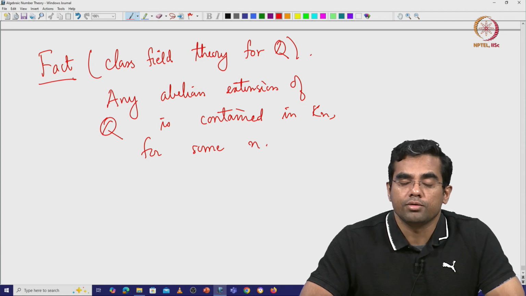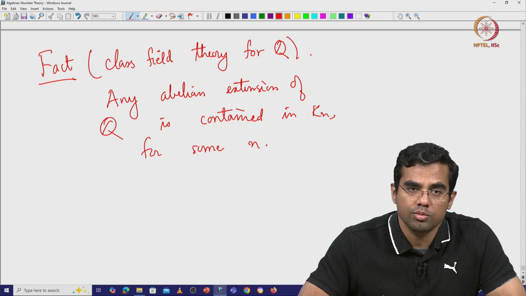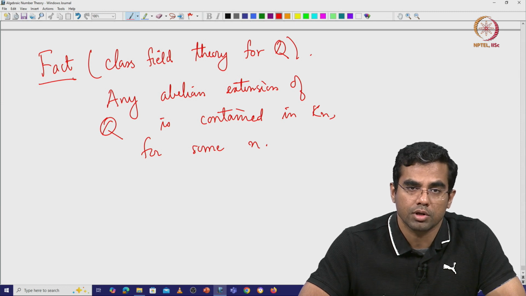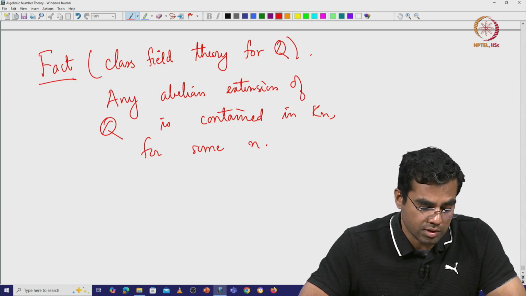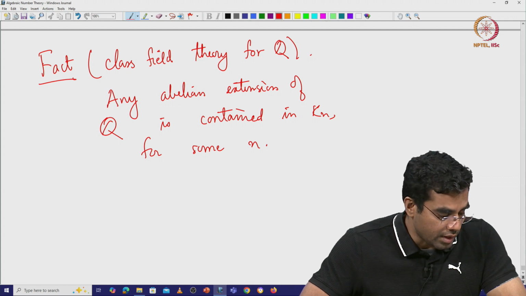For example, if you take a quadratic extension of Q, you can always find a root of unity zeta_n such that that quadratic extension is contained in Q(zeta_n). This can be proved in an elementary fashion using Gauss sums, but it is still an amazing fact that it can be embedded this way. It is deep, even if it is not very hard.